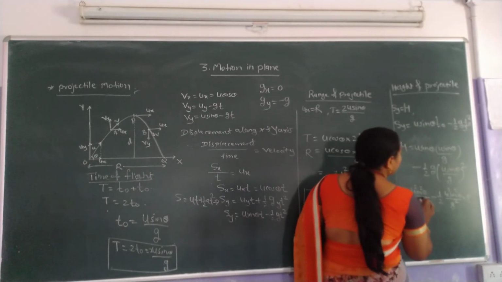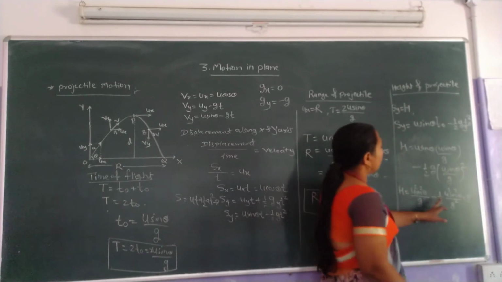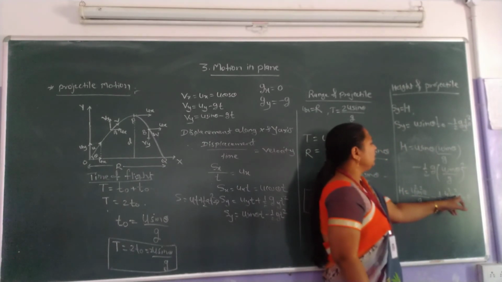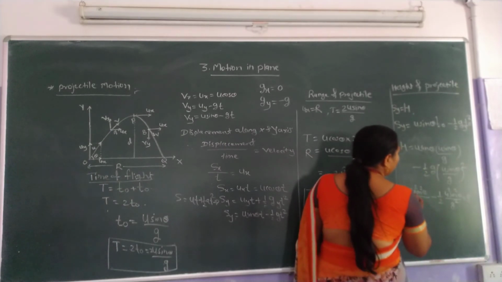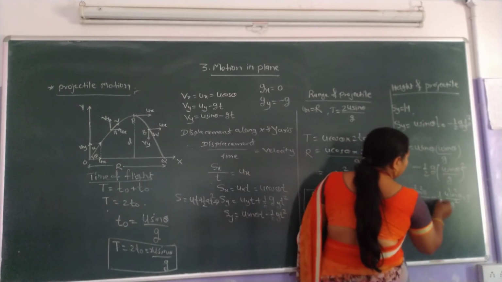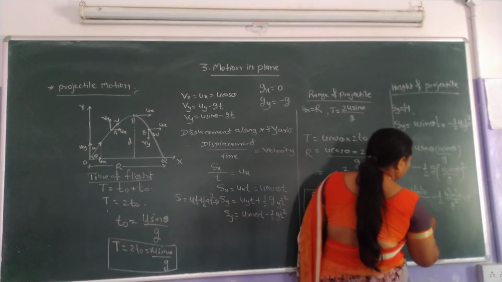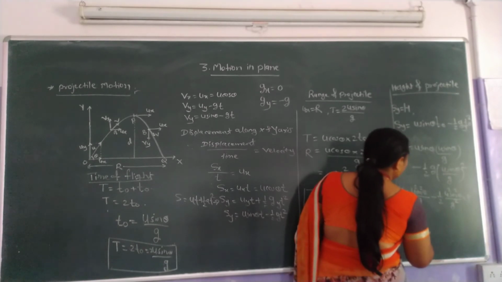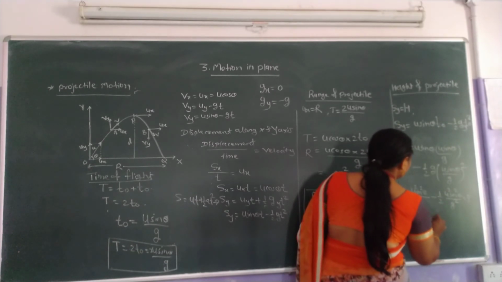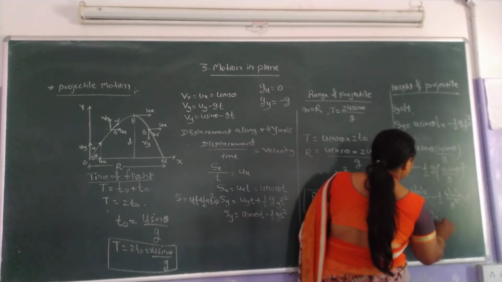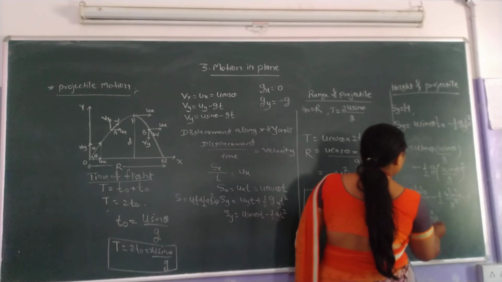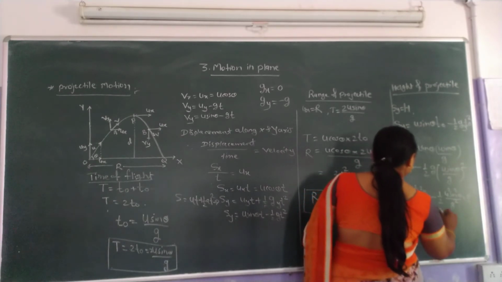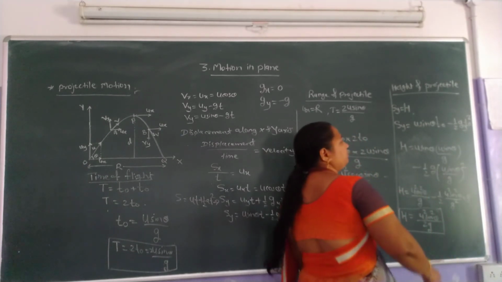Therefore, u square sin square theta upon g minus u square sin square theta upon 2g. Taking the subtraction, h is equal to u square sin square theta upon 2g.